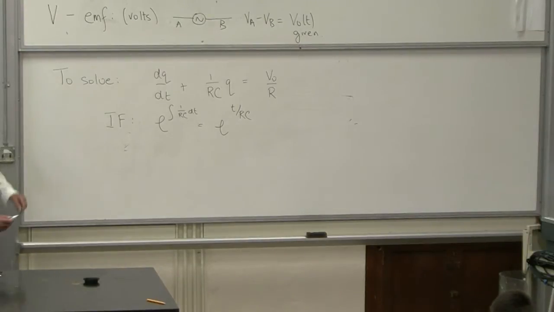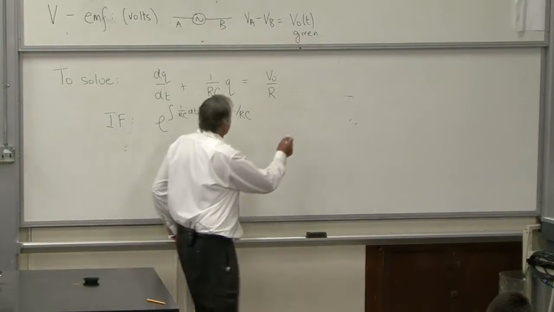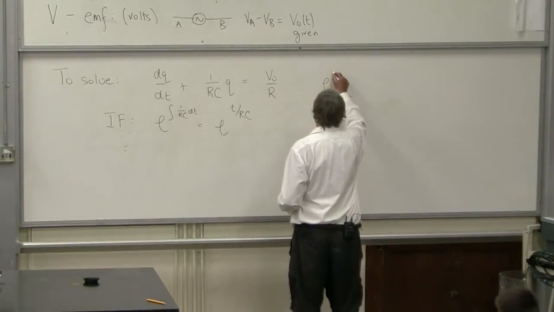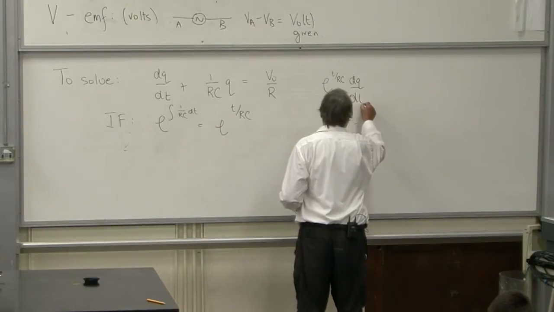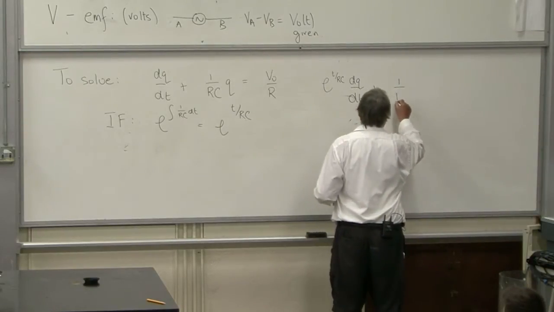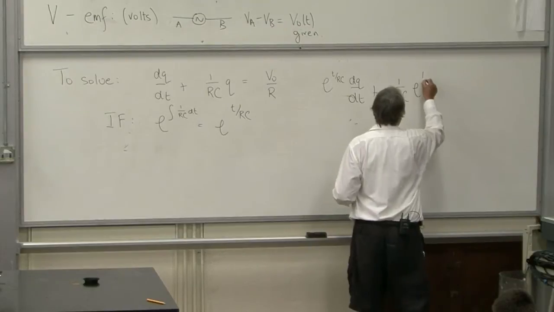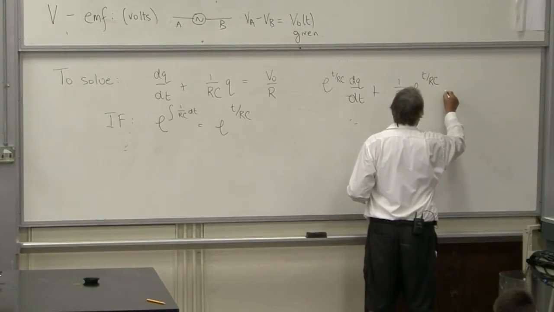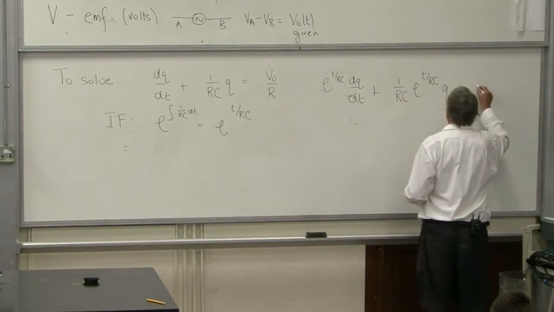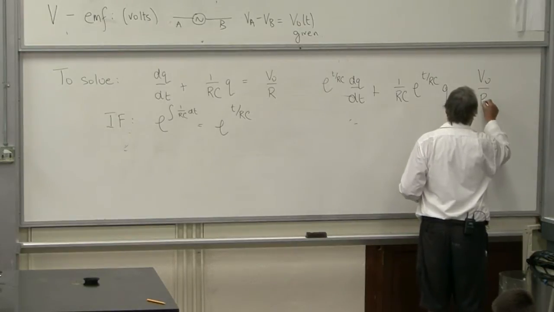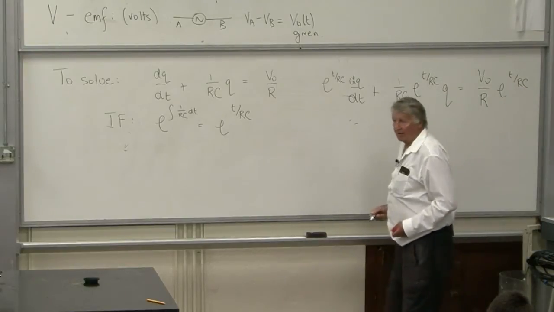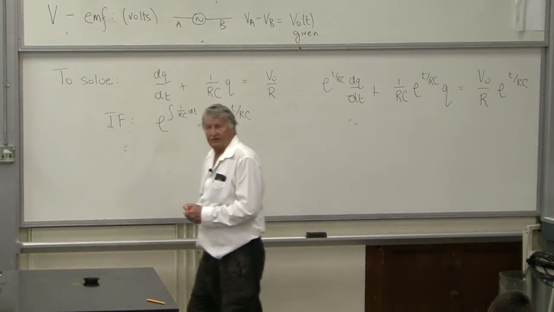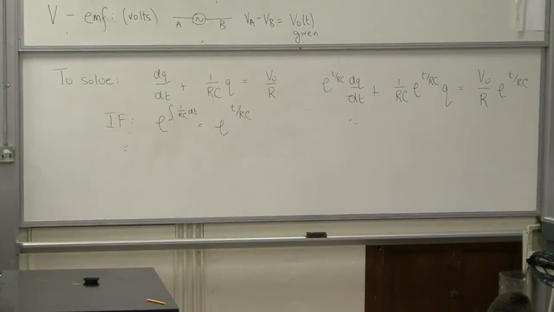So I multiply across by the integrating factor: e to the t over RC times dq by dt plus 1 over RC times e to the t over RC times q equals V naught over R e to the t over RC. I've just multiplied across the whole equation by the integrating factor, which is e to the t over RC.